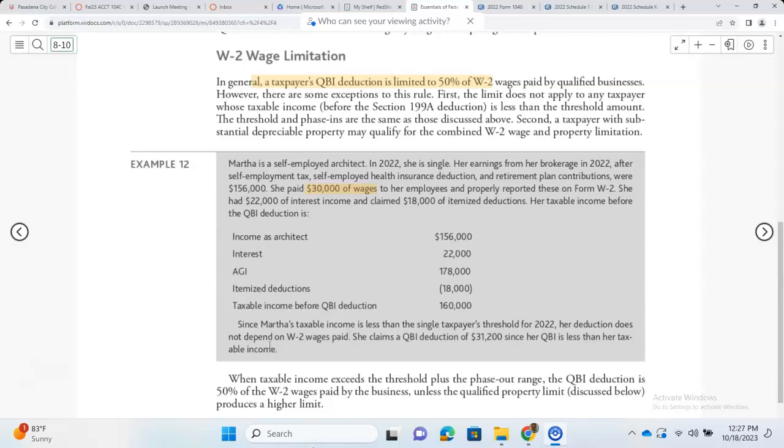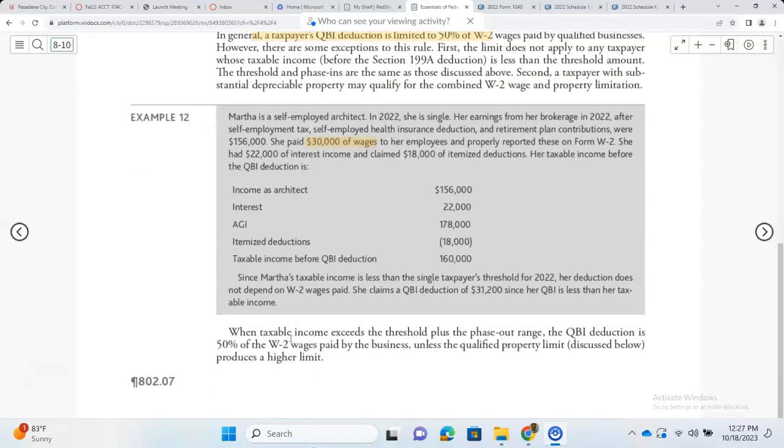So we are good. Now, when taxable income exceeds the threshold plus the phase-out range, the QBI deduction is limited to 50% of W-2 wages that the business paid.